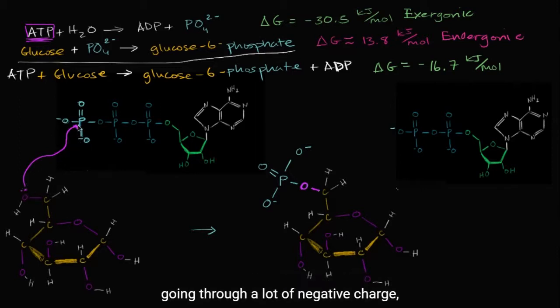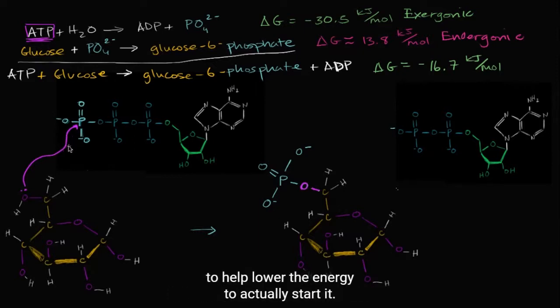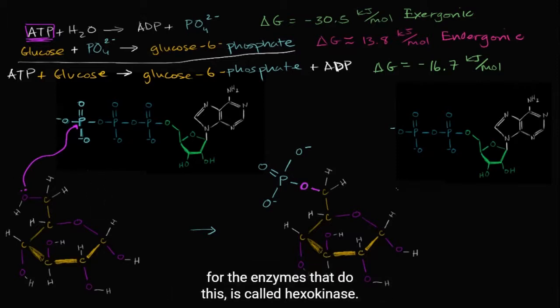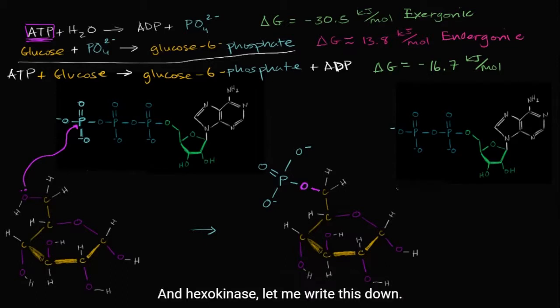And electrons don't like going through a negative charge. So we need an enzyme to help facilitate this reaction, to help lower the energy needed to actually start. The enzyme that does this is called hexokinase.